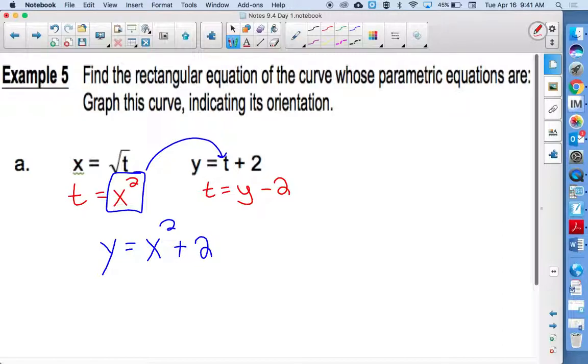The next thing you have to think about is the restriction on x. So looking at the original equations, not my new equation because my new equation says x squared, but going back to the original, are there certain values that x can't be? Emma, why can't it be negative?